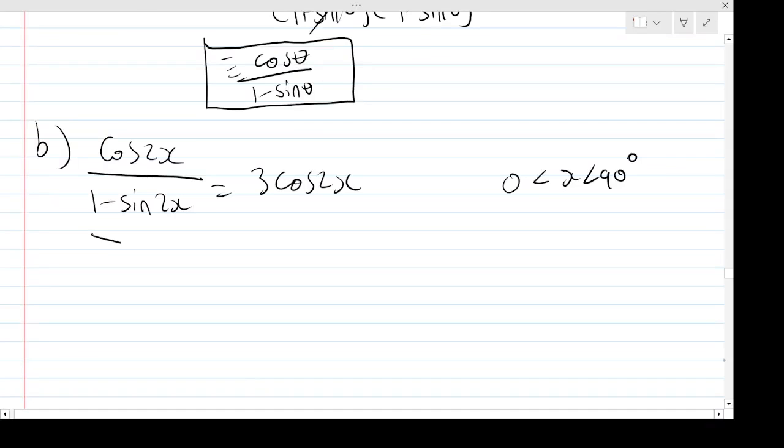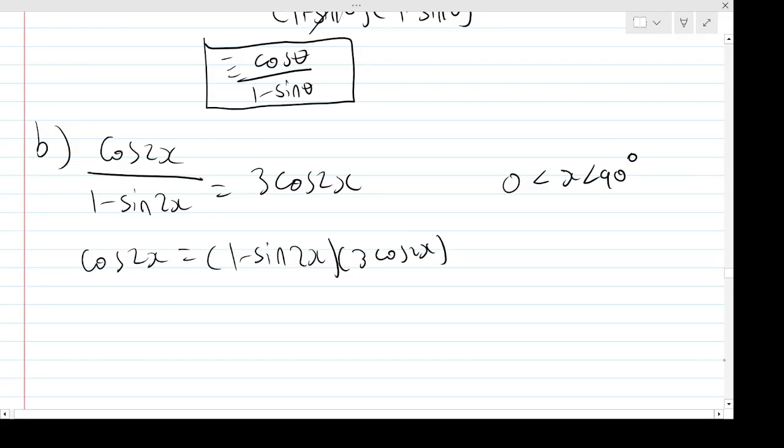It's a fraction, so the best thing is to multiply across. If I multiply by 1 minus sine 2x, I get cos 2x is 3 cos 2x times 1 minus sine 2x.